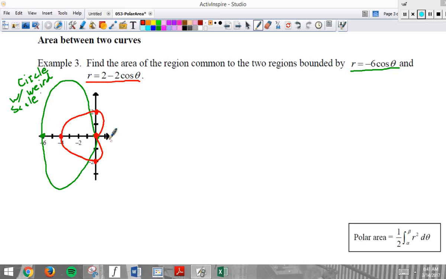Alright. So now you have to focus on the language here. The region common to these two. And that's going to be a weird question to ask frequently. But this is not common, this is not common, and this is not common. It's sort of where do they both exist at once. And in this case, it is going to be sort of this inner region here.